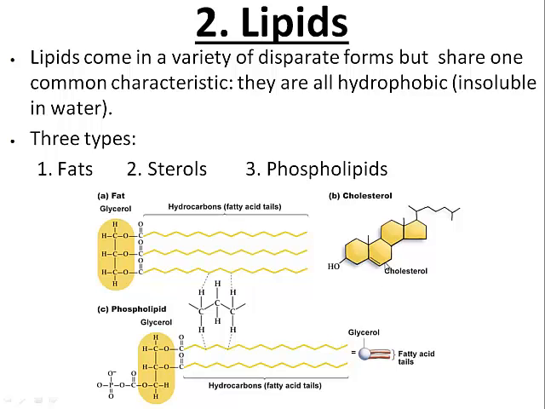Cholesterol is another type of lipid, and so cholesterol looks a lot different than our fat molecule. It consists of 4 rings and has some other groups attached to those rings. Each ring is composed of glucose molecules, of carbon molecules.